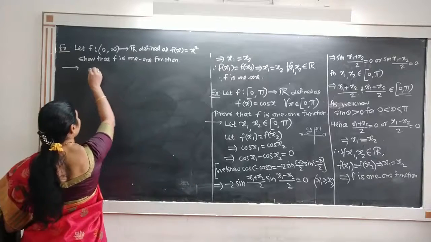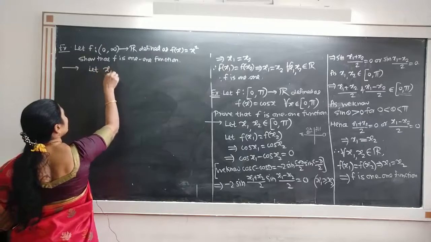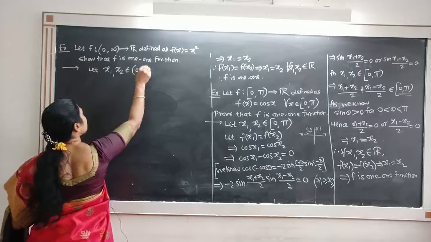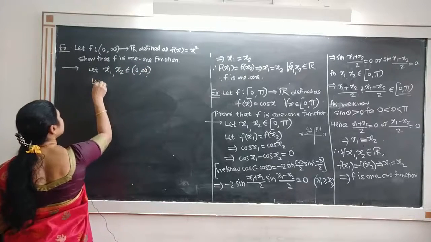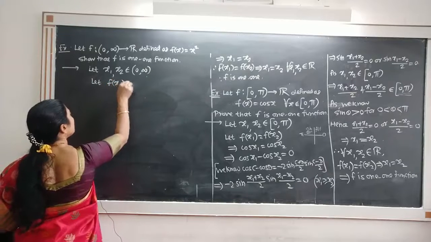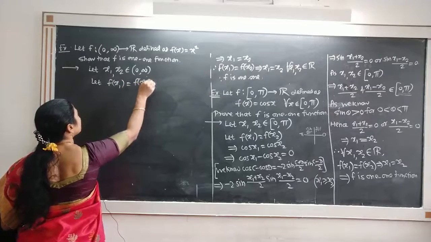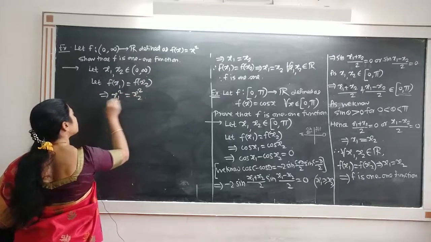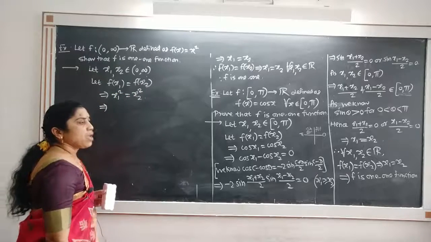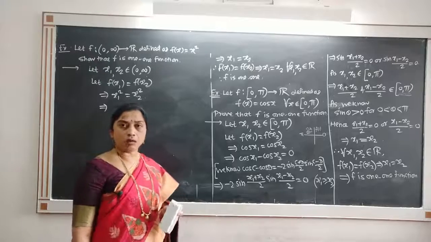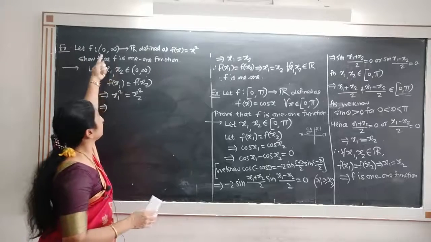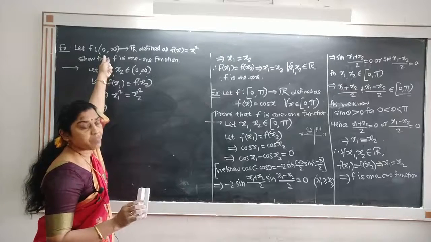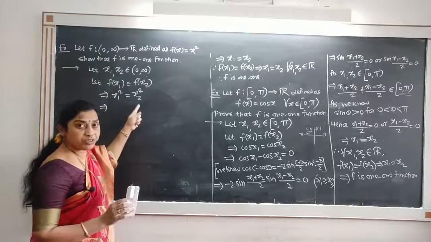If you want to use the proposition, we start with two numbers x1 and x2 from the domain, that is from 0 to infinity, and let us start with f of x1 is equal to f of x2, that is x1 square is equal to x2 square. The numbers are from 0 to infinity, that is positive only. All the numbers are positive only.